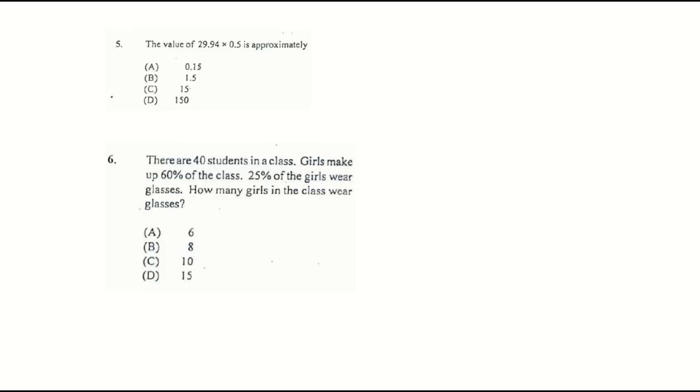Alright, 5. What is the value of this approximately? Okay, so we know for a fact when you multiply that you're going to get 15, at some point 15. But you now have to realize that you have to shift your decimal point. Actually, you know what? Let's just multiply this, because 2994 multiplied by 5.